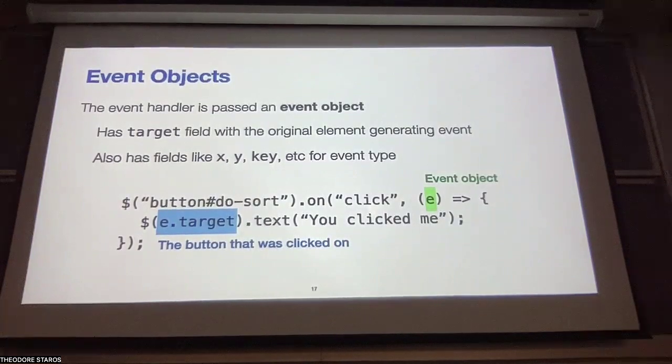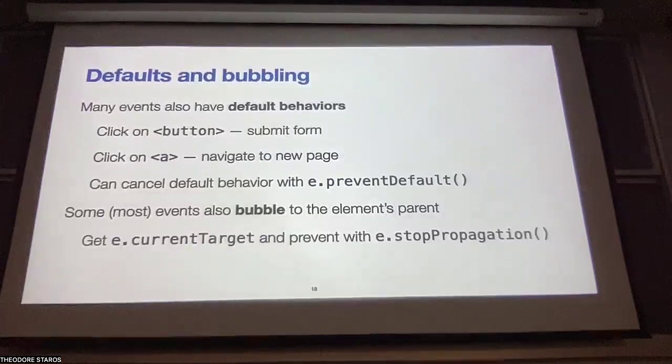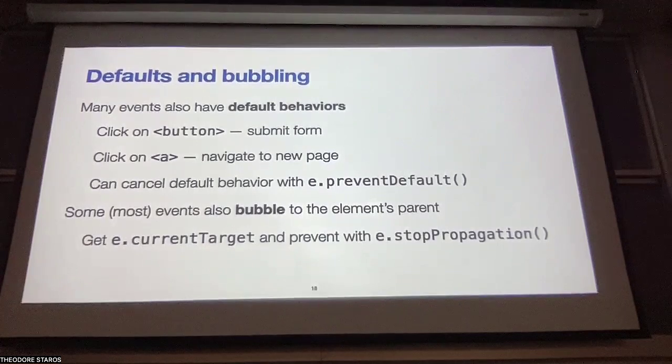So far we've looked at how to add event handlers. Just a couple of things to keep in mind about events. First of all, a lot of events have default behaviors. For example, if you click on a link, what the browser will do by default is go to the page that the link links to.